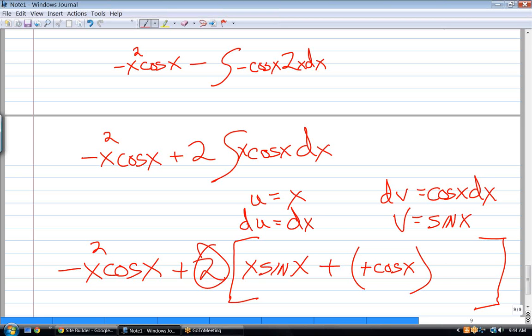In fact, here's one that's perfect to illustrate both techniques. Meaning the shell method and the washer method? Yes, and why the shell method is preferable.